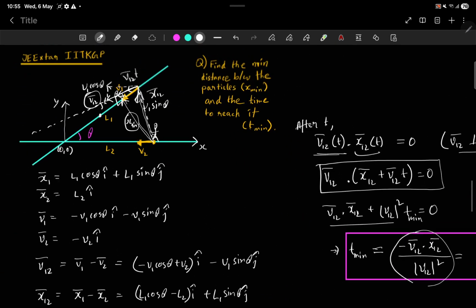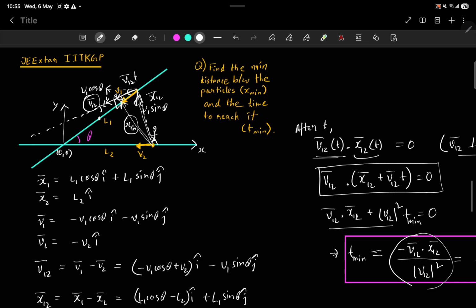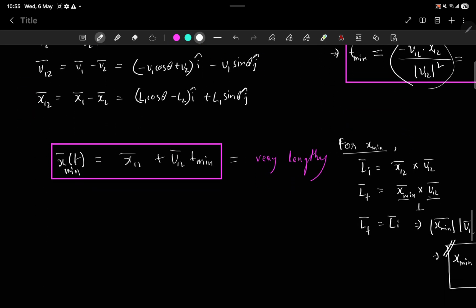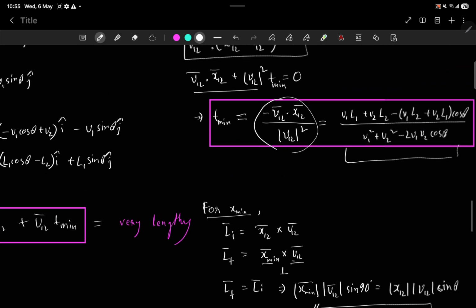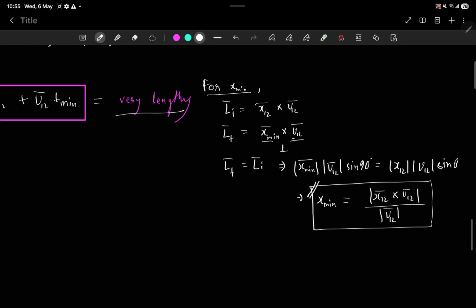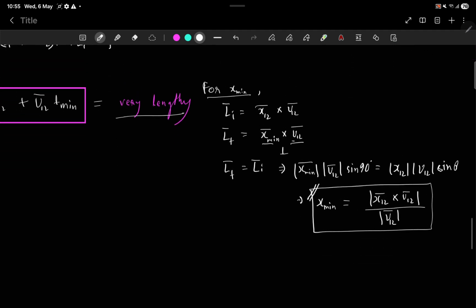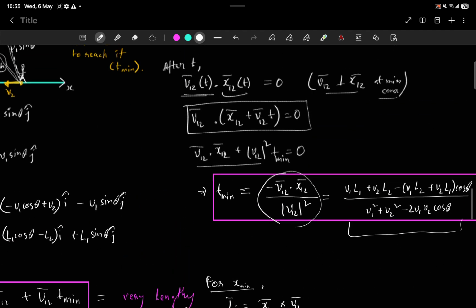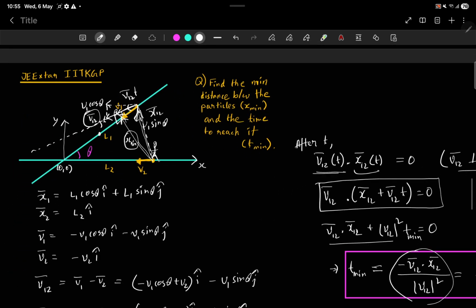For finding x minimum, the minimum distance between these particles, you can put the value of t minimum, but this will be very lengthy. A very good method is this: we know that about this point, this point is at rest and this particle is moving at a constant velocity, the velocity isn't changing.